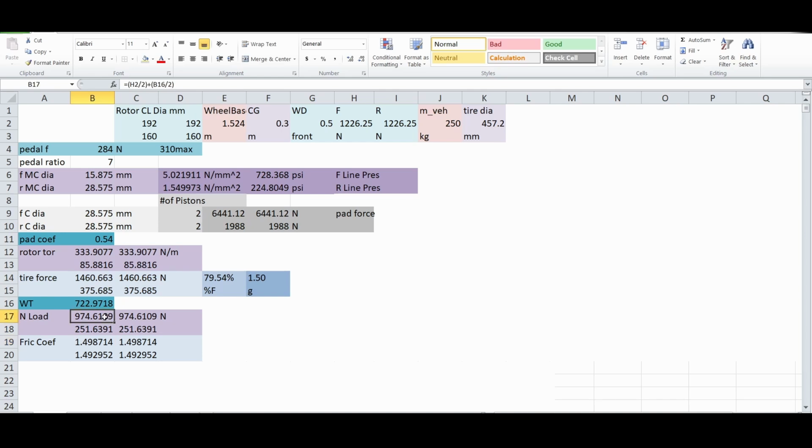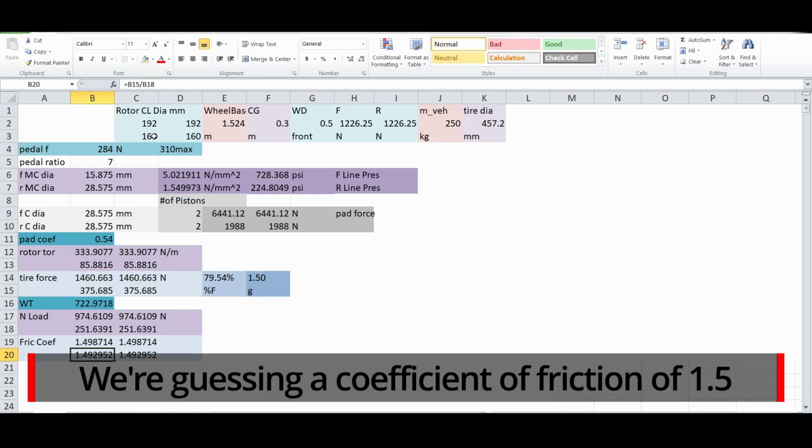So now we have the normal load on the corners, and we can take the tire force divided by the normal load, and that'll be our coefficient of friction on the tires. So in this case, it's right under 1.5, and we know we're doing 1.5 G, so that's about where you want to be.